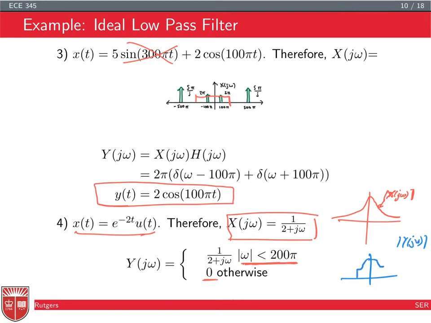Everything else is going to get killed here, because all higher frequencies are going to be set to 0. These frequencies here, the filter is going to set to 0.